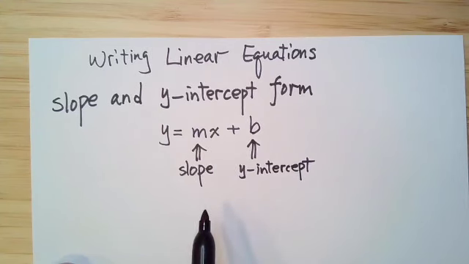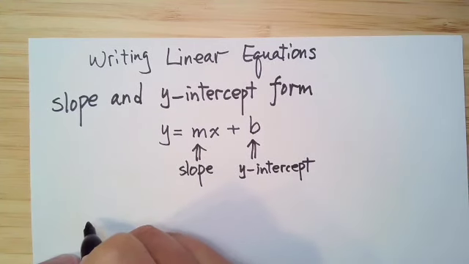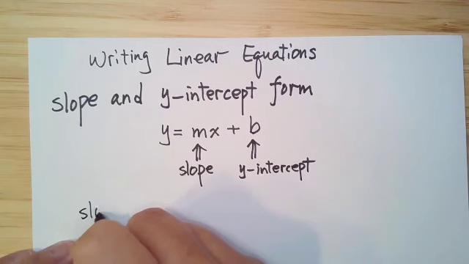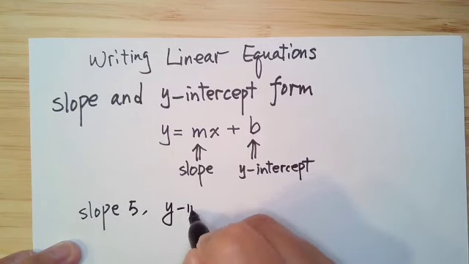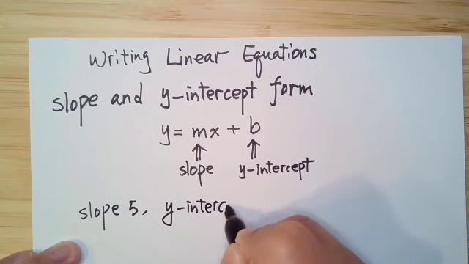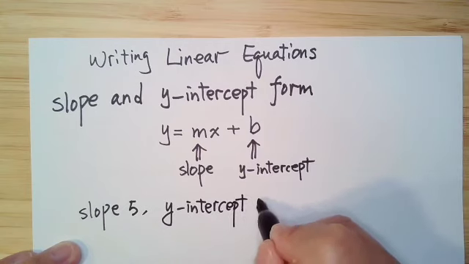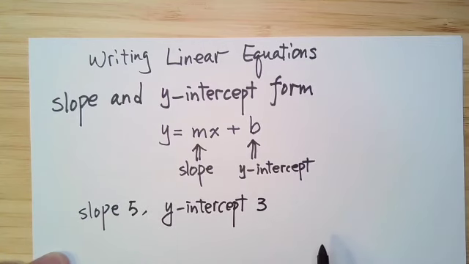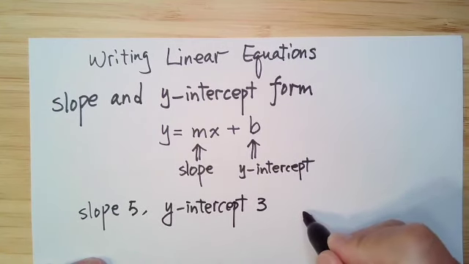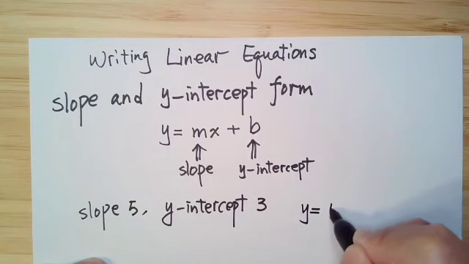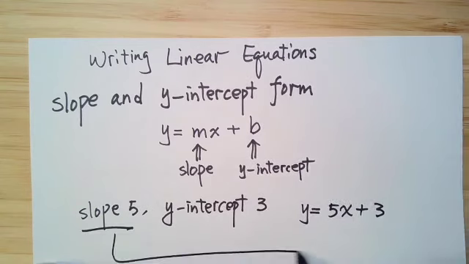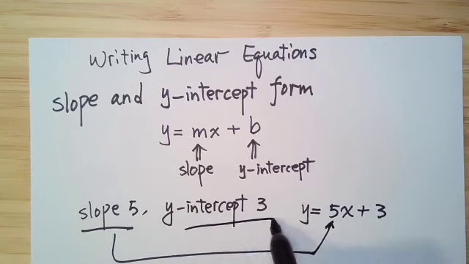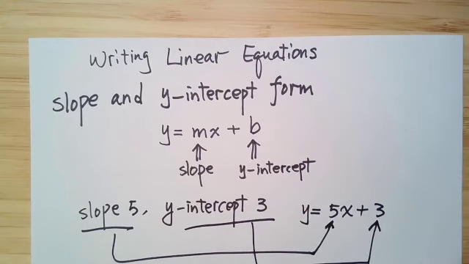So for example, if I ask you to write a linear equation with the slope 5 and y-intercept 3, can you write the equation? Your equation will be just y equals 5x plus 3, because 5 is the slope and that is the coefficient of x, and the y-intercept is the constant term after that x term.